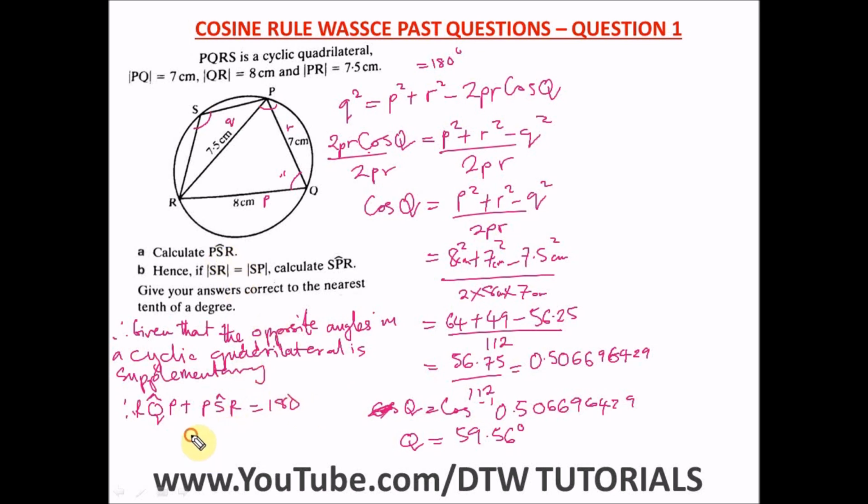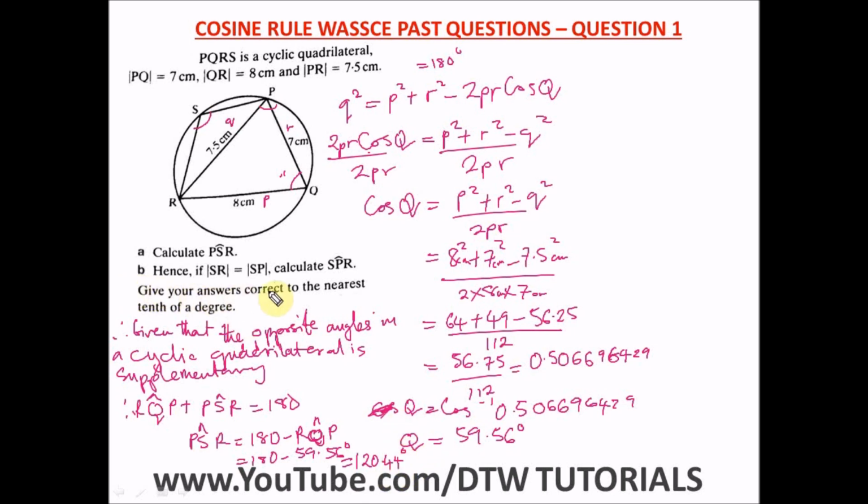That's what we're looking for. So PSR will be equal to 180 minus angle Q. So we have 180 minus 59.56 degrees, and when you subtract this, we're going to have 120.44 degrees. All right, so this is our answer.